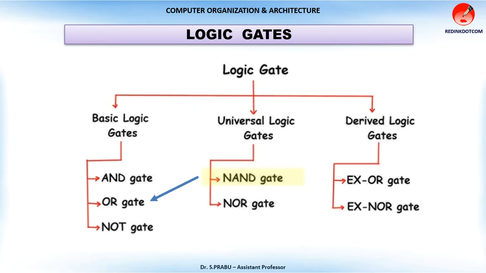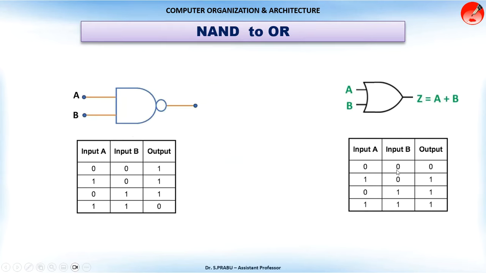Next we will see how the OR gate can be generated from the NAND gate. This is the OR gate symbol and corresponding truth table. We know the output expression of the NAND gate is A dot B whole bar. By De Morgan's law, A dot B whole bar can be written like this. What we expected is A plus B, but the result has A bar and B bar.